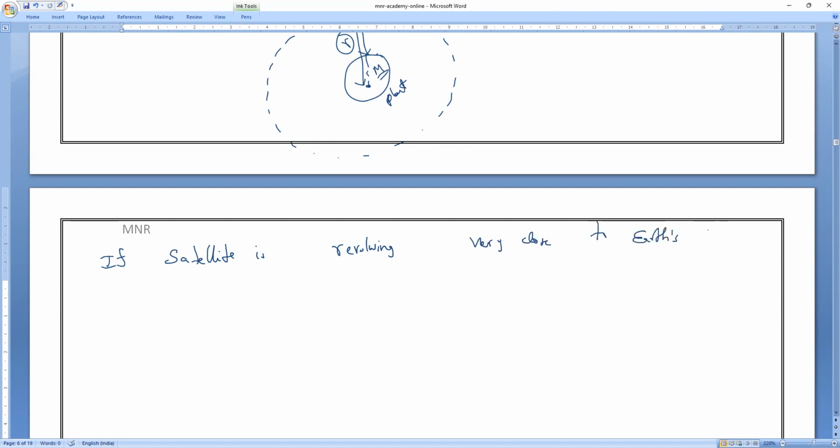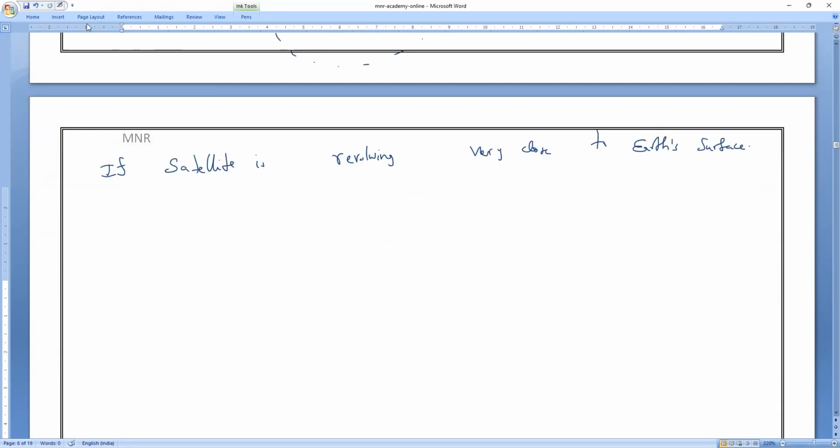Most of the satellites we have around the earth, the maximum number of satellites, are very close to the earth, because the purpose is to monitor the geological features of the earth, weather forecasting changes, everything. We have many satellites even in India. All are very close to the earth, revolving at a very close distance, meaning a distance of only a few kilometers.